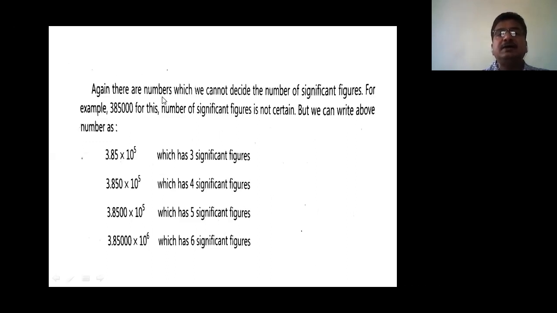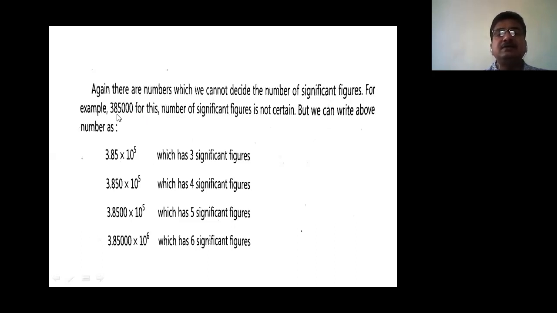So there are some numbers in which we cannot decide the significant figures. For example, this number 385,300.